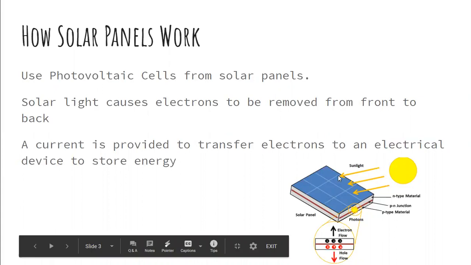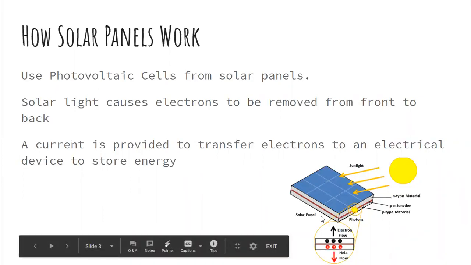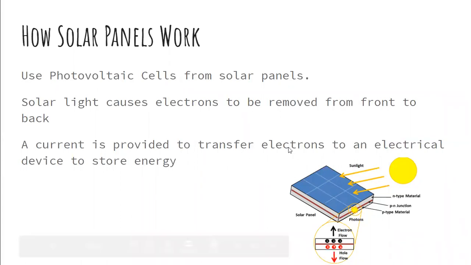So there's an electron flow that goes towards the back, and within this back, there's usually a current. This current transfers electrons to some electrical device to store the electrical energy. So the sunlight basically removes the electrons from the solar cells, and then they flow through currents to an electrical device to store or use the energy.